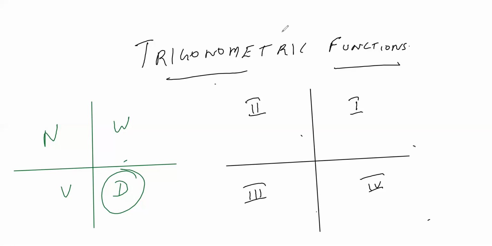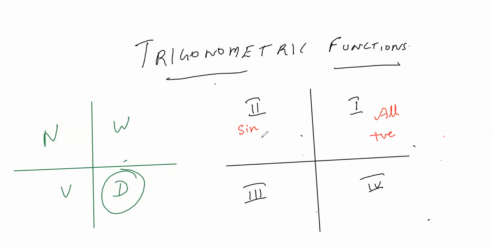In the first quadrant, all the trigonometric functions are positive: sine, cos, and tan. In the second quadrant, sine and cosec are positive, or else sine is positive. That is more than enough as of now. We all know 1 by sine is cosec.